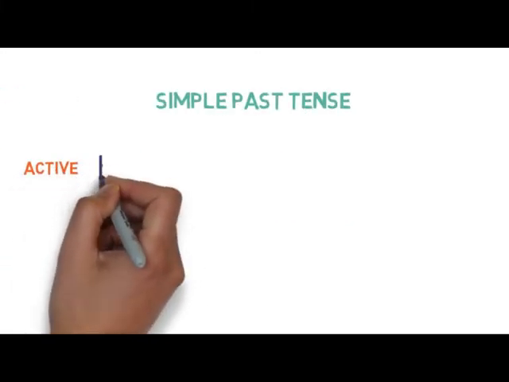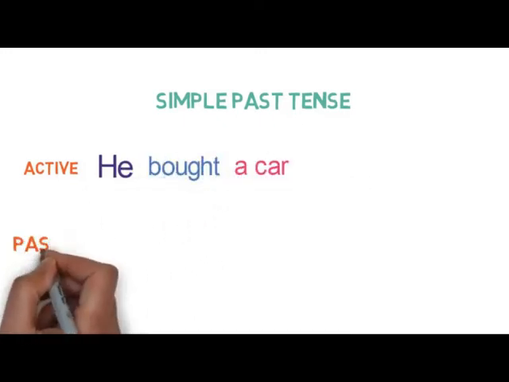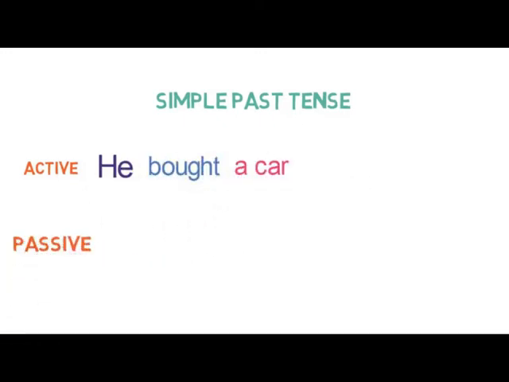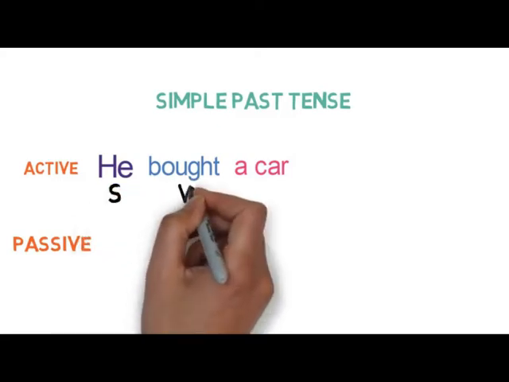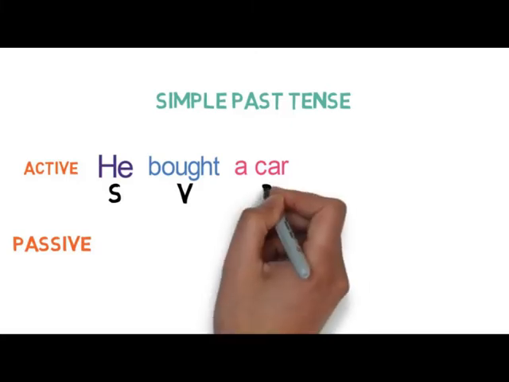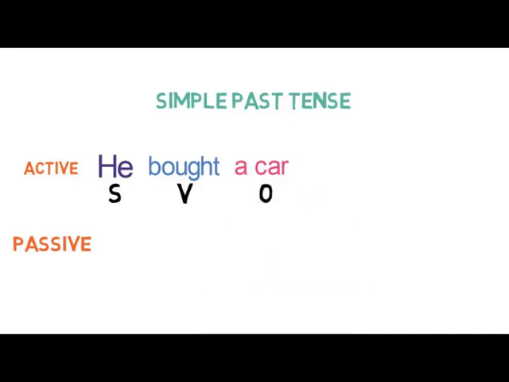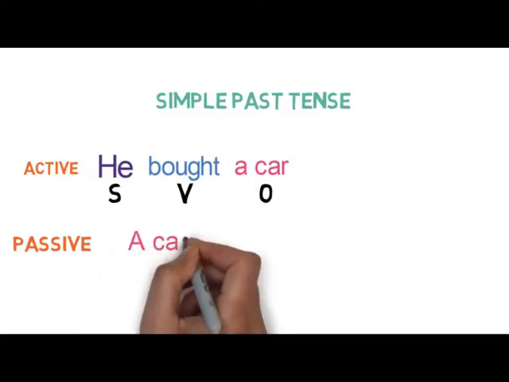Now, simple past tense. He bought a car. He is the subject. Bought is the verb. A car is the object. We will swap now, so we will start with a car.